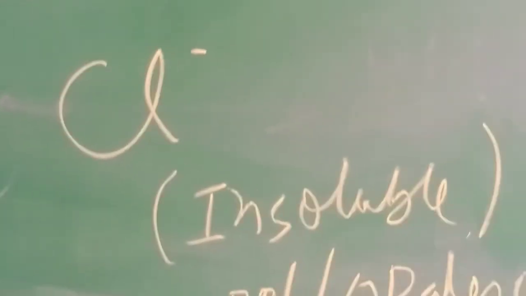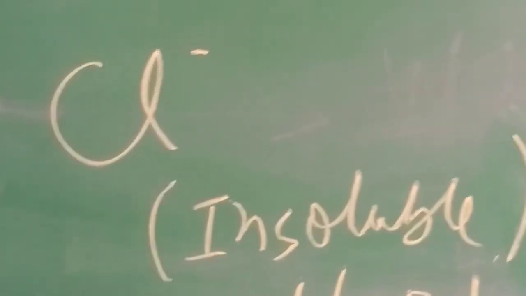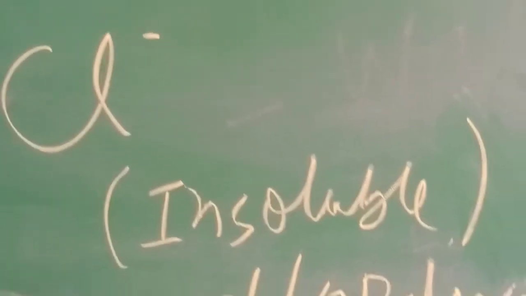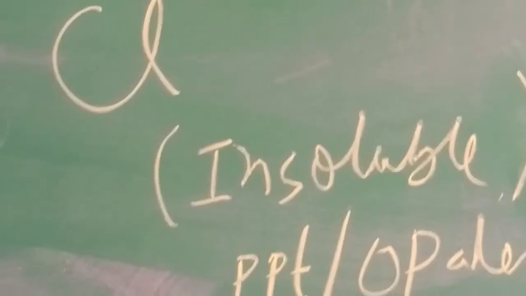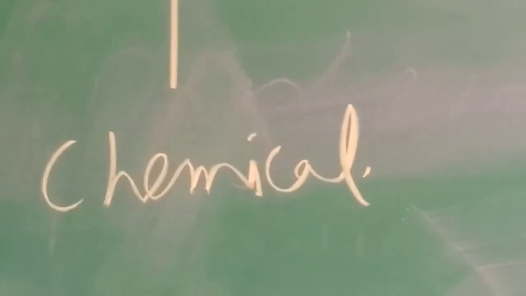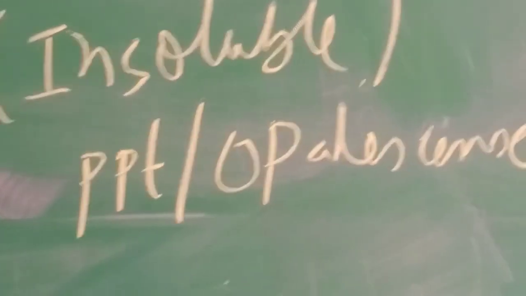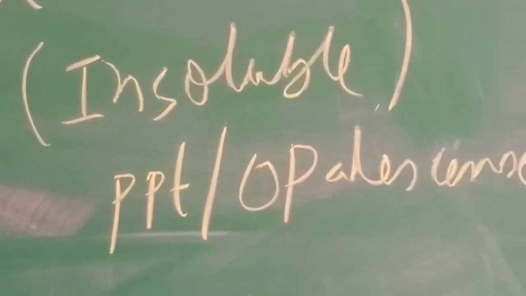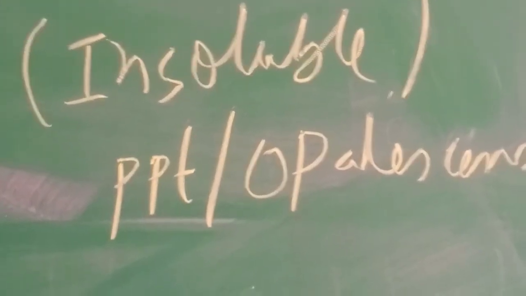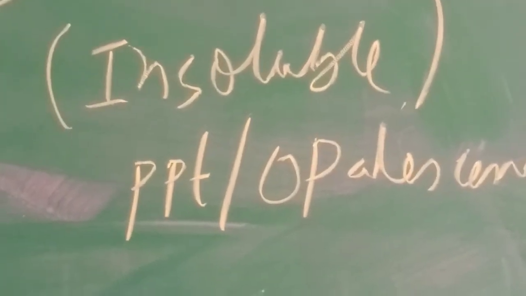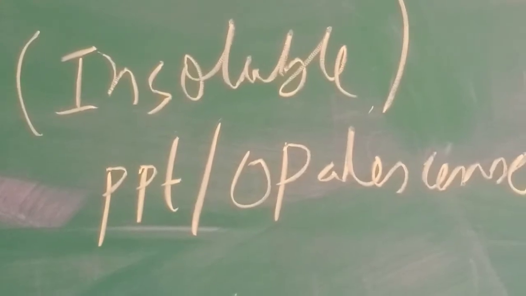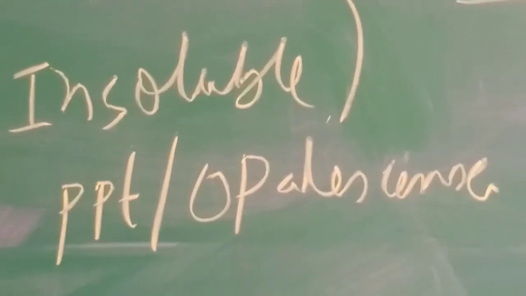and when this soluble chloride gets transformed into insoluble chloride, that is the soluble chloride with the help of chemical gets precipitated out from the solution and hence forms a turbid solution or forms an opalescence.